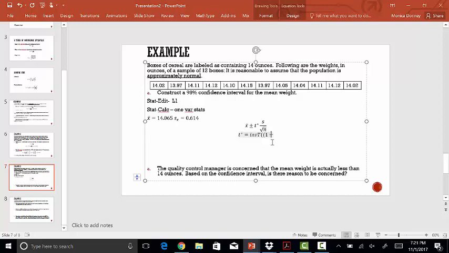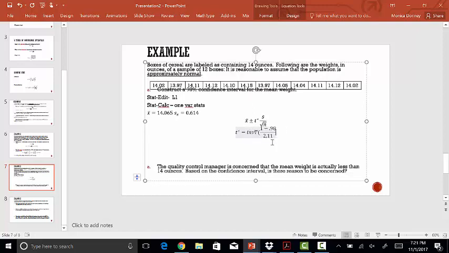So 1 minus 0.98 divided by 2, comma, I have to type in my degrees of freedom. Your degrees of freedom is always your sample size minus 1. So in this case, our sample size is 12. I have to do 12 minus 1, which is 11. Uh-oh, that did not work out good.